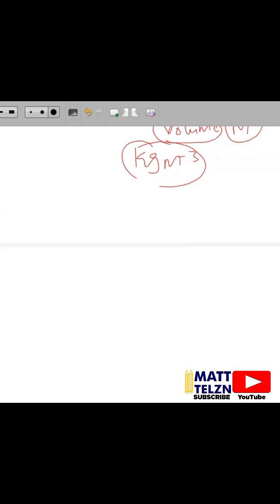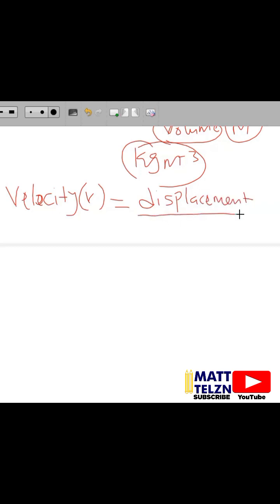The next quantity is velocity. We use small letter v to represent velocity. Velocity is displacement over time.